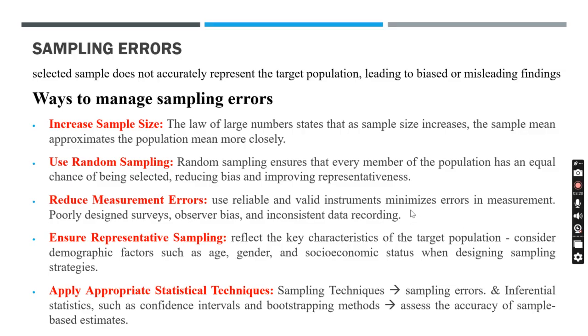Another important thing to consider is to ensure representative sampling. Here, when we talked about stratified sampling, we said that we divide the population into different characteristics, maybe based on gender, age, socio-economic status, or other characteristics of the target population, when designing our sampling strategies.